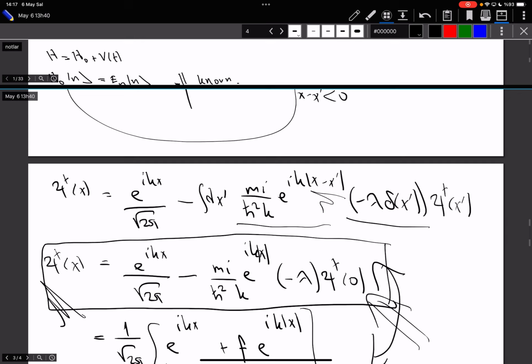If you want to do that approximation, what is the range of this potential? Well, the range of this potential is 0. It's a Dirac delta potential. So any distance is infinitely far away from 0 relative to this one.